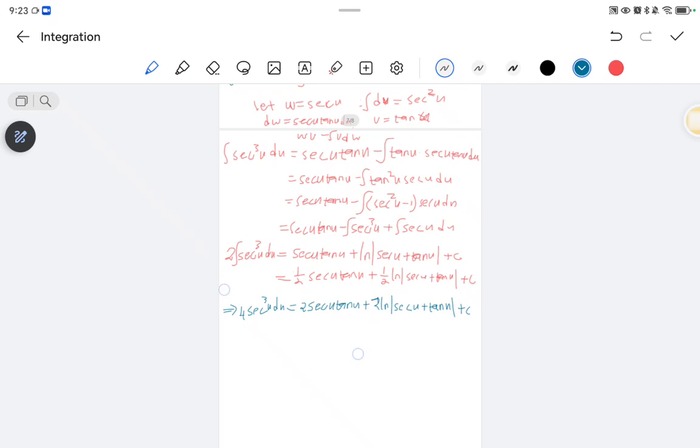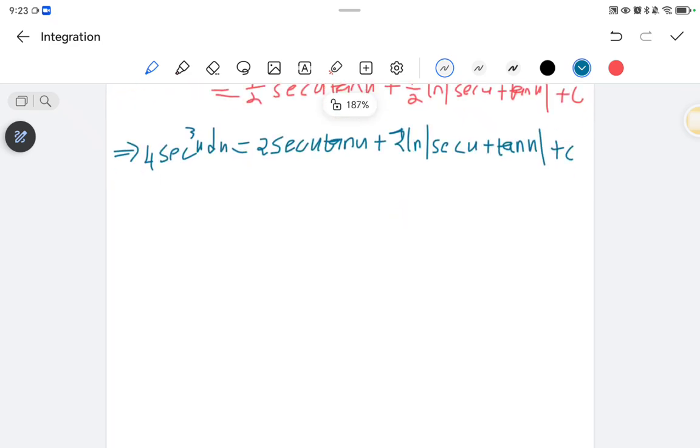We agree, right now? We know what function we got. So since we have this as that function, we can come and draw this. We remember that we let x be equal to 2 tan u. We agree, right now? We let x be equal to 2 tan u that time.